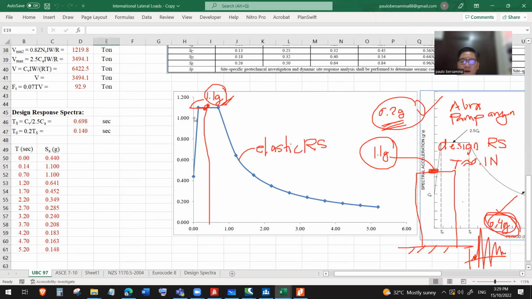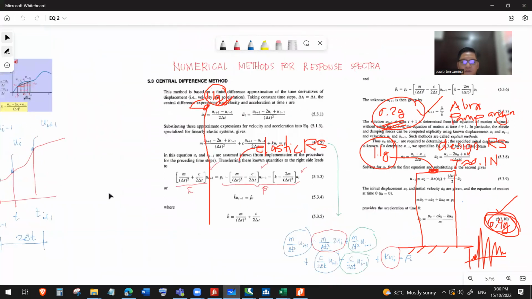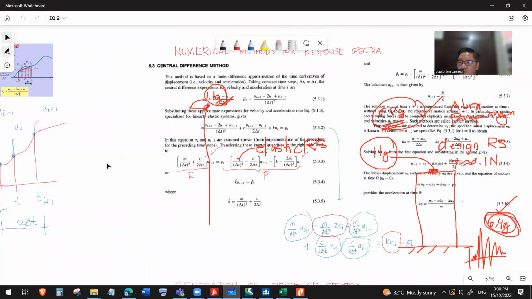So how does the code come up with this? So yun yung i-discuss natin. And this one is a numerical methods approach, because as you notice, we only have an analytical differential equation solution if the vibration is harmonic, or can be solved mathematically.